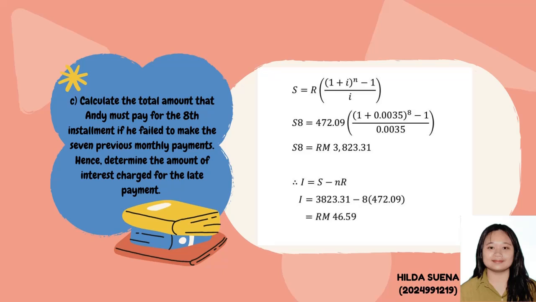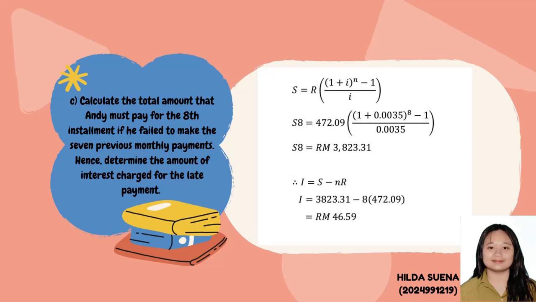In this question, we're going to use formula S to find the amount that Andy had to pay for the 8th installment if he failed to make 7 previous monthly payments. This means you're going to pay in the future to settle all the payments since you failed to pay for 7 months, and you want to pay it all in the future, which is on 8 payments.